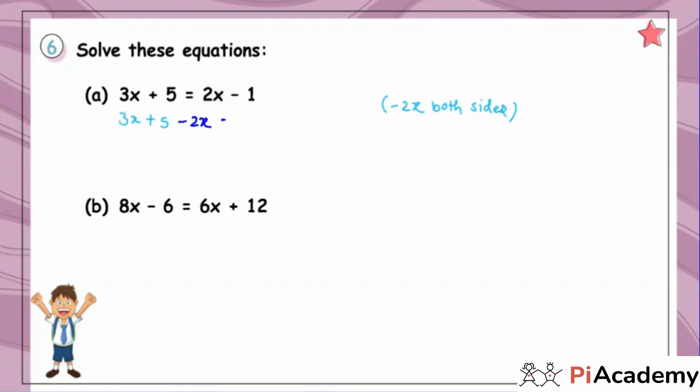Whatever you already have I am writing in sky blue, and whatever I am introducing I am writing in blue. So here you can see +2x and -2x get cancelled, right? And then 3x minus 2x is just x, and plus 5 is still there, and that equals -1.